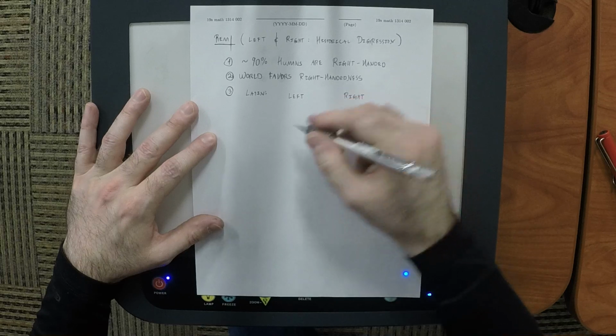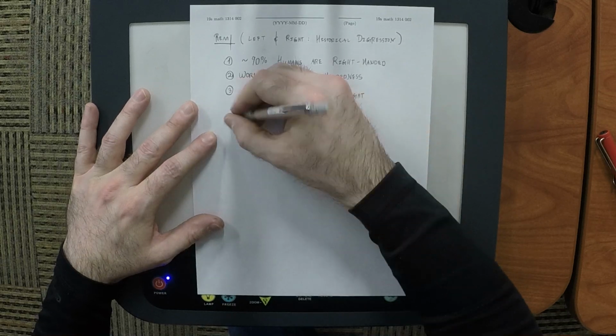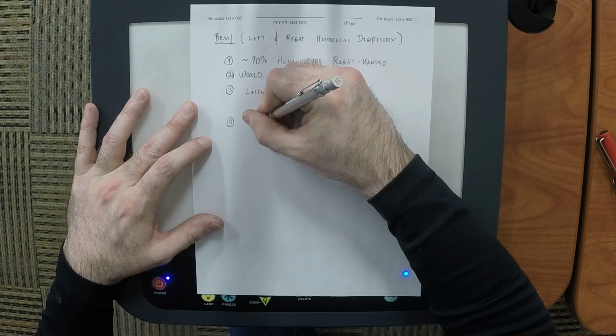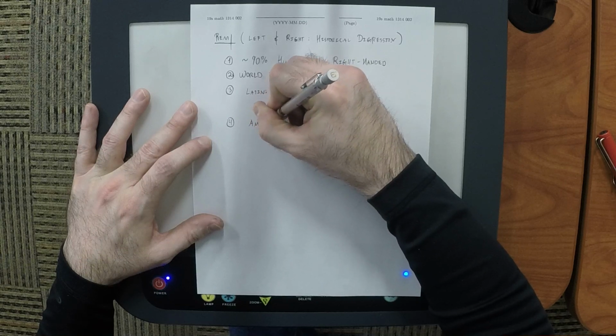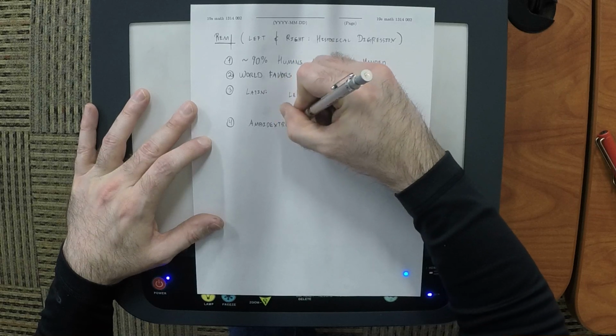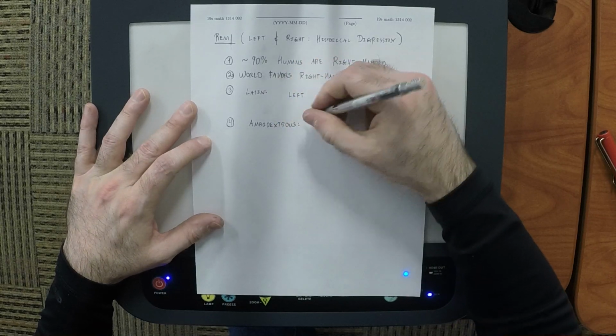And I'm going to leave myself a place to write that. So now we have the word ambidextrous. Of course, that means able to use both hands.